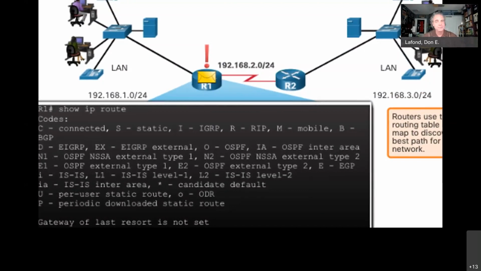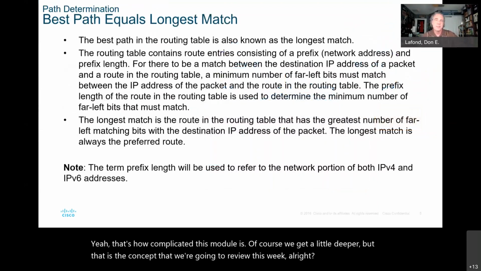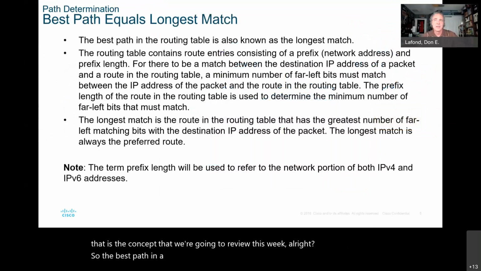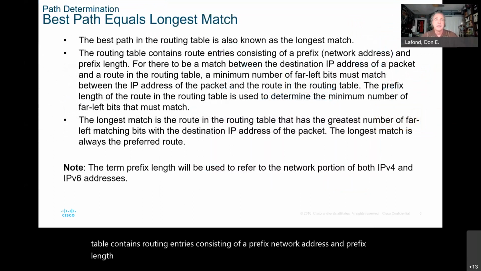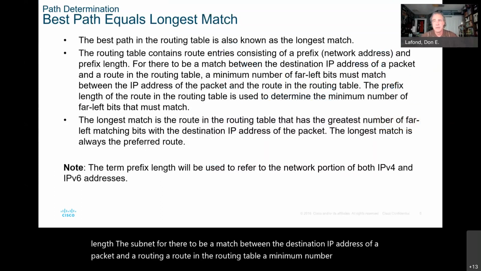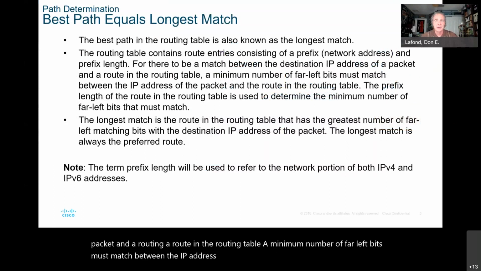All right. So the best path in a routing table is also known as the longest match. A routing table contains routing entries consisting of a prefix, network address, and a prefix length, the subnet. For there to be a match between the destination IP address of a packet and a route in the routing table, a minimum number of far left bits must match between the IP address of the packet and the route in the routing table.